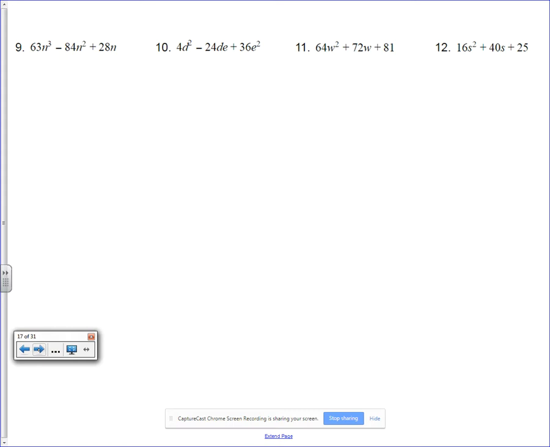3, I don't think 28 divides by 3. Well, let's try the odd numbers. What'd you just say? 7 will work. So we're going to divide by 7n. What would be left, William, if we divide by 7n?